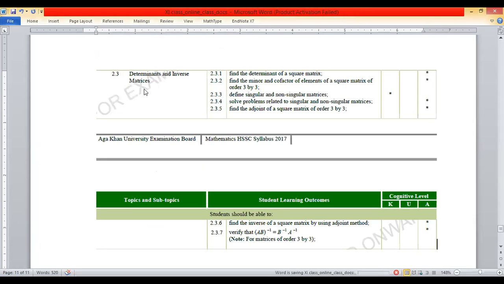So you can see determinants and inverse matrices. First we have to find the determinant of a square matrix. In ninth class I already told you how to find the determinant of a 2 by 2 matrix. But here we have to find the determinant of 3 by 3 with the help of 2 by 2 matrices.